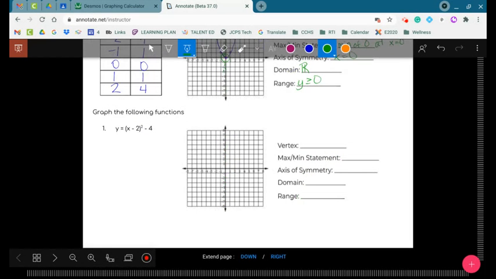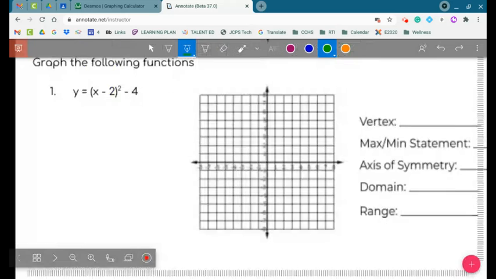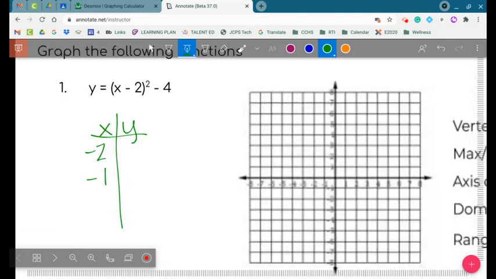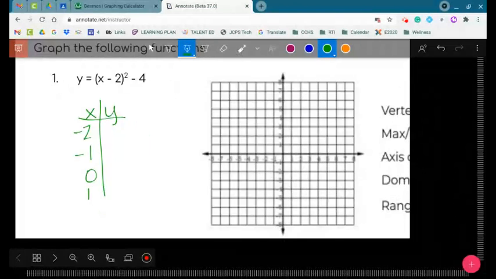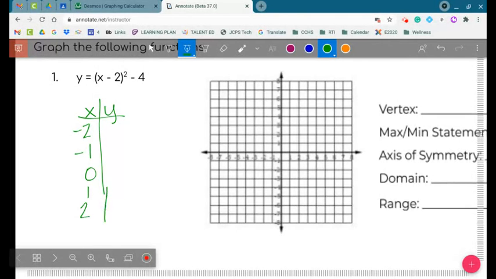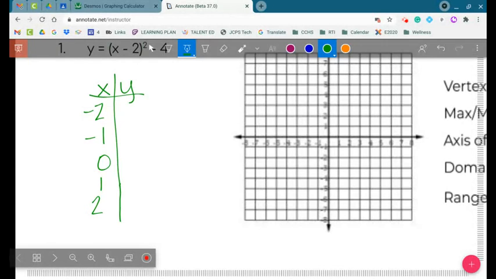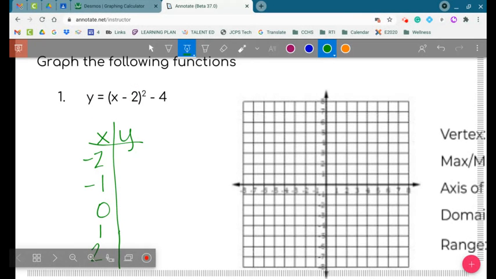Now, for the rest of the quadratics, we are going to be using our calculators to graph these, that way we can get a good table. So if we have our x and our y, we're going to use -2, -1, 0, 1, 2. Sometimes, depending on what you're graphing, you may need to slightly change that so you can make sure you see all parts of your graph. You can type it into your calculator or into Desmos.